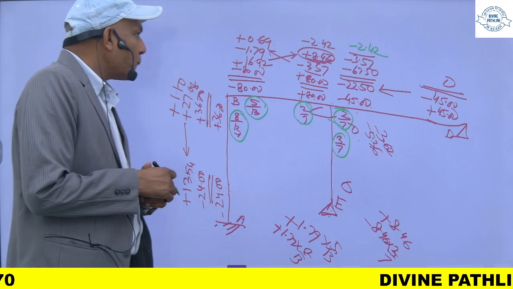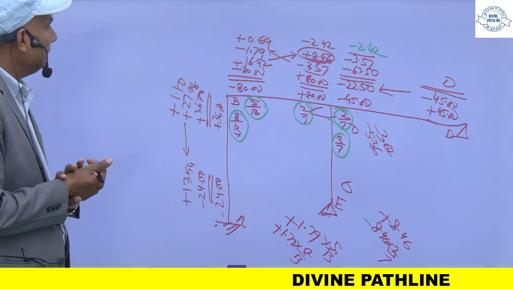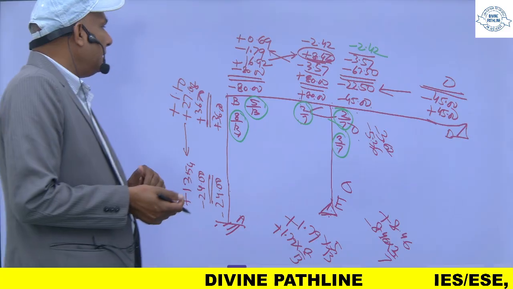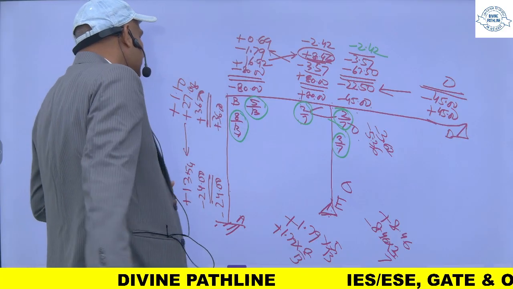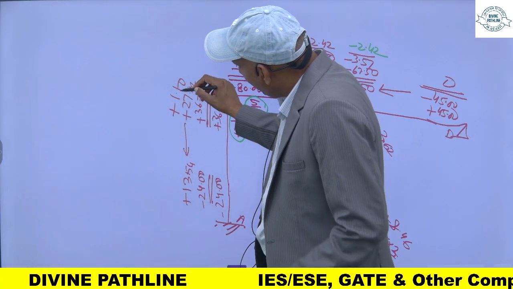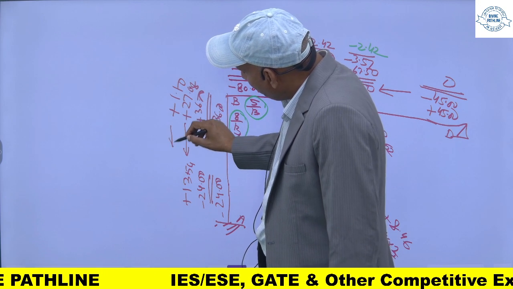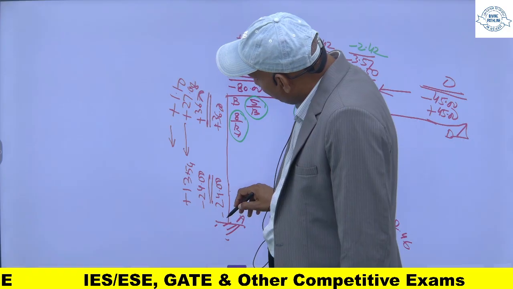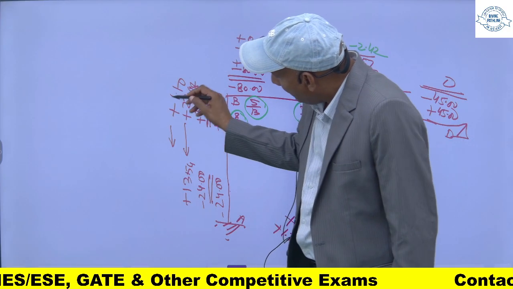So I have applied this moment for balancing this. Now after applying this 1.10, half of this will be carried over to this. This is a fixed end, so half of this will come here.